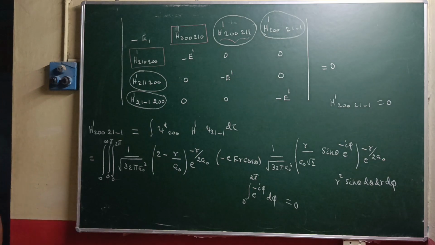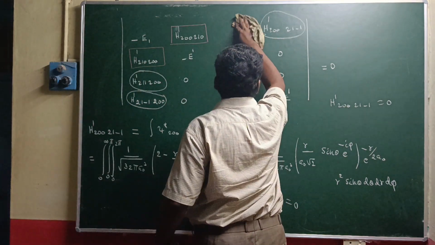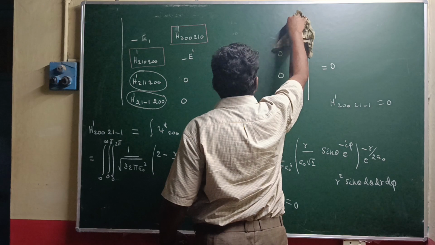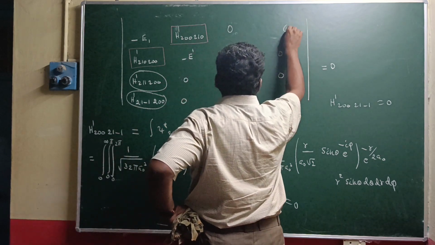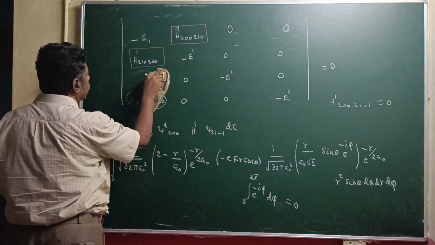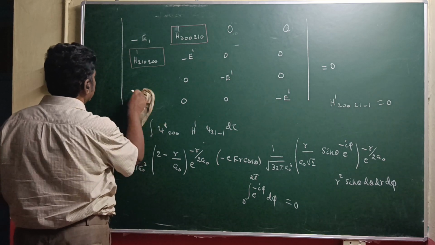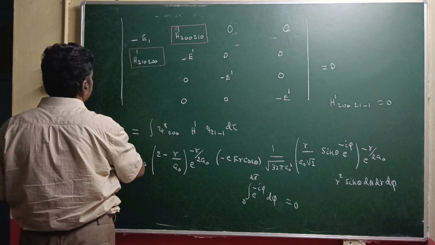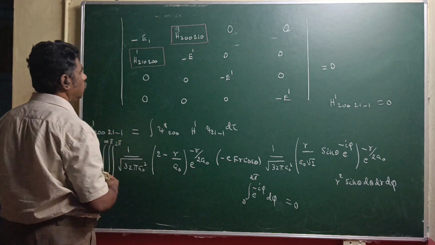So except two elements, all the elements are vanished. This is 0, this is 0, this is 0, this is also 0.